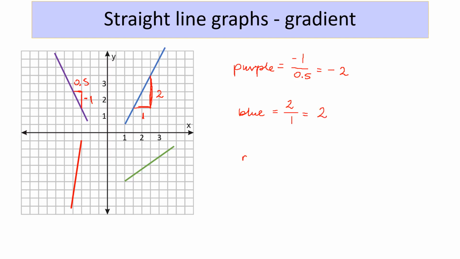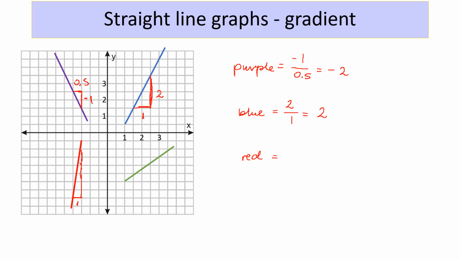For the red line, I'm going to go 1 across, and then 1, 2, 3, 4, 5, 6 up. So it's 1 across and 6 up.